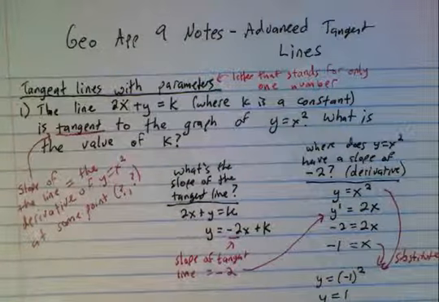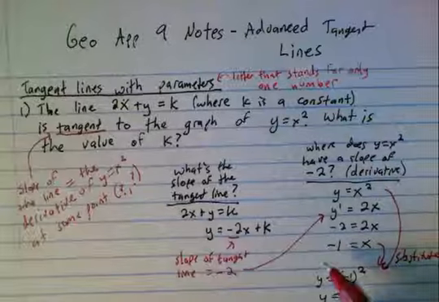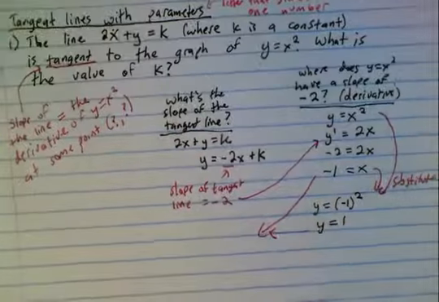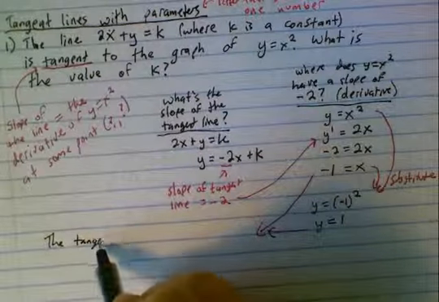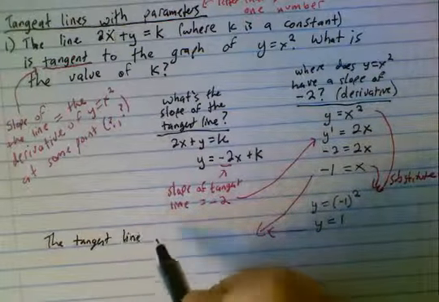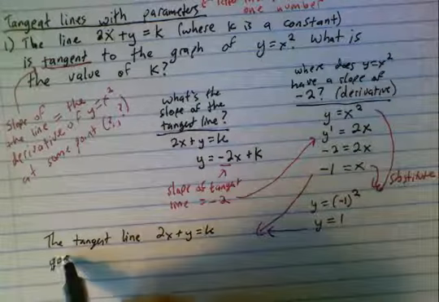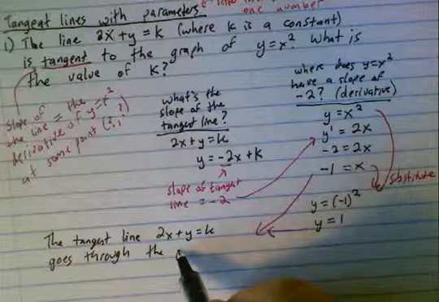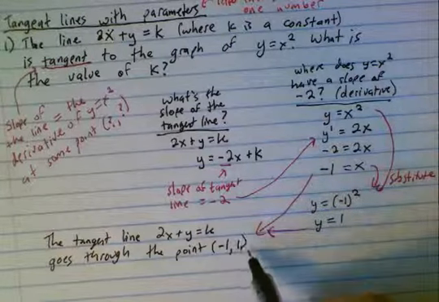So that means that the tangent line 2x plus y equals k goes through the point (-1, 1).